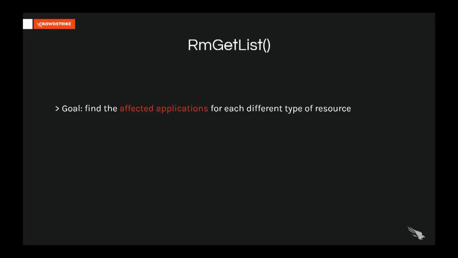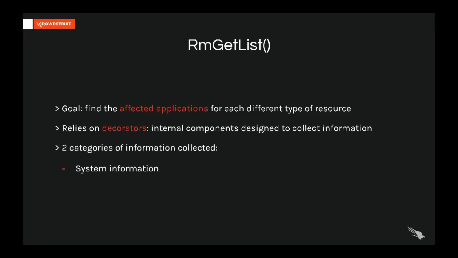So to be able to realize this hard job, it relies on what we call decorators. They are internal components, a set of structures and functions designed to collect a given type of information, and we can list two of them. There's the system information, which gathers information about what's happening in the system, and the application information. Once we identify a target affected application, those decorators will try to get information about this specific application.